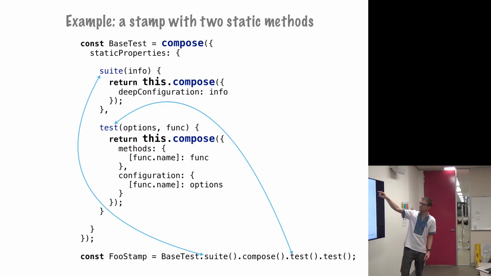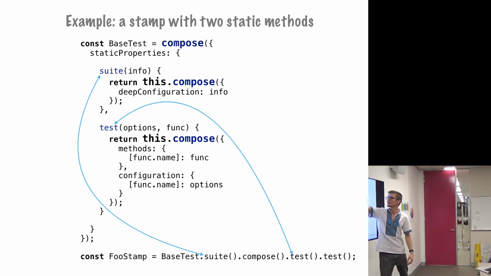And the same code. As you can see, baseTest.suite returns this.compose. So in JavaScript, this would reference the stamp itself. So this is how you access it. It doesn't really matter if that's base test or something else, doesn't matter which stamp.